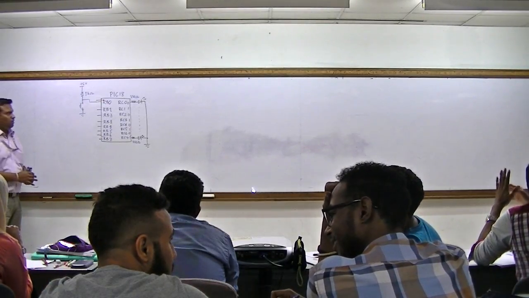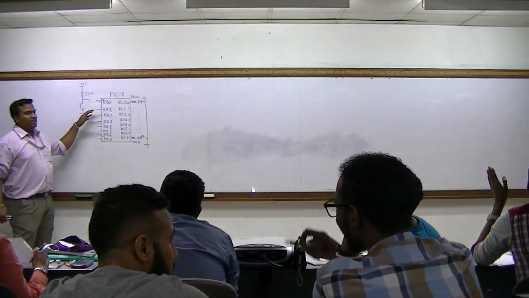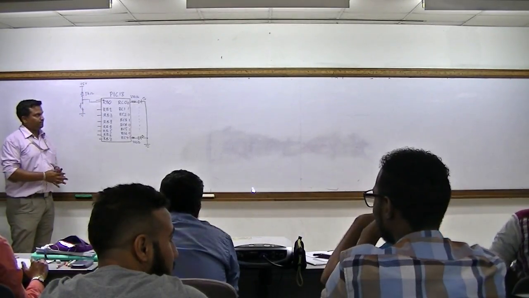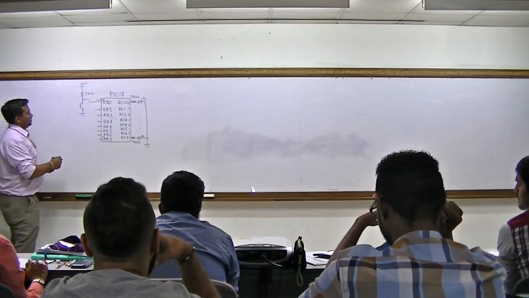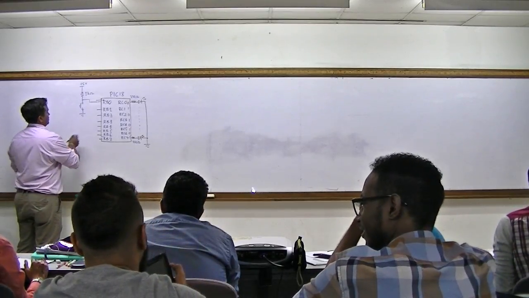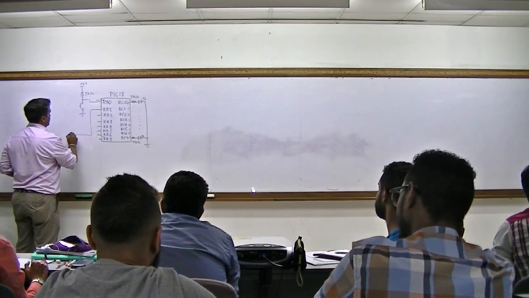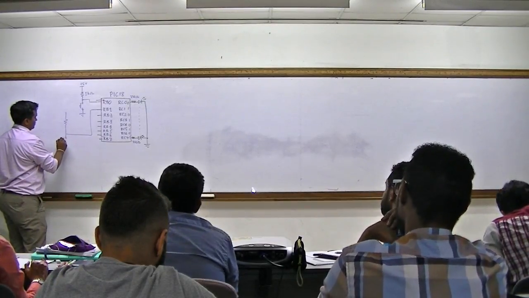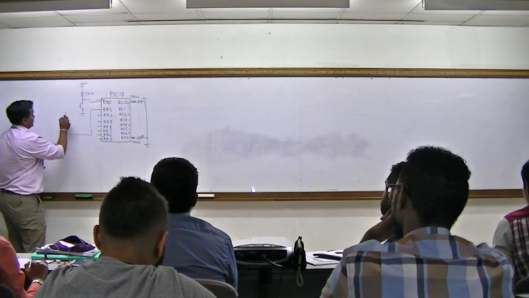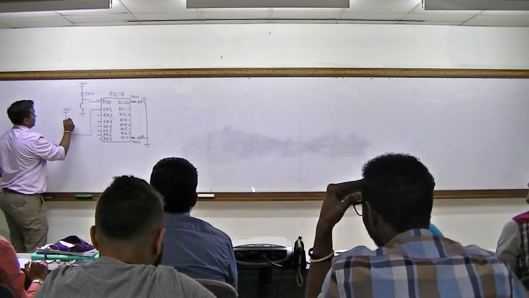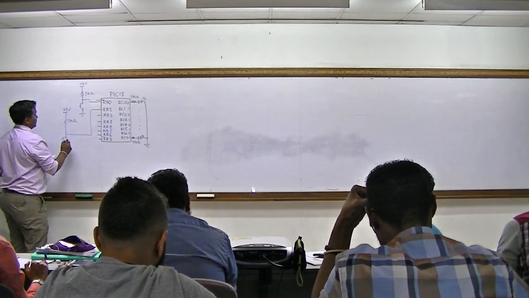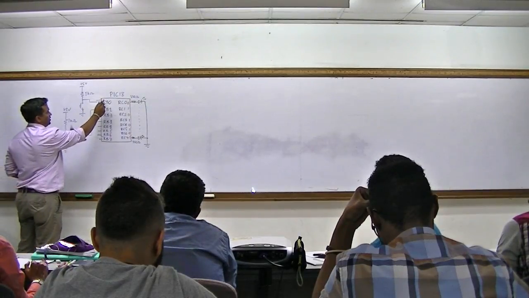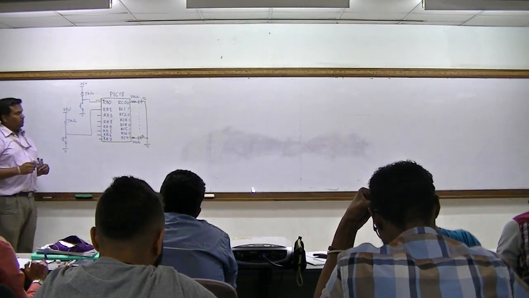Okay. Let's say if we have two switches. If we have another switch connected, the same configuration. So this is connected to RB1, the other one is connected to RB0.